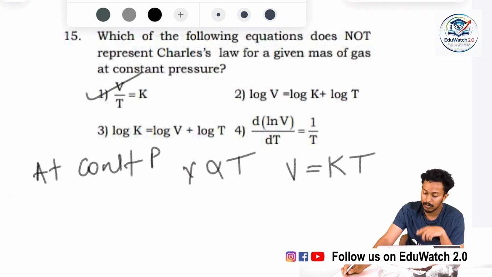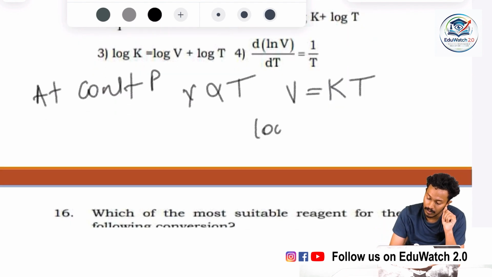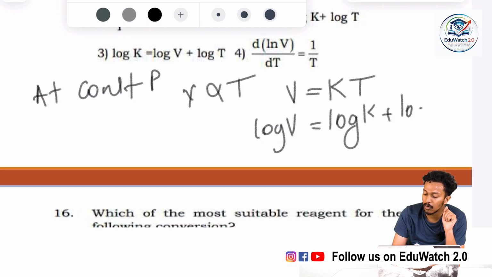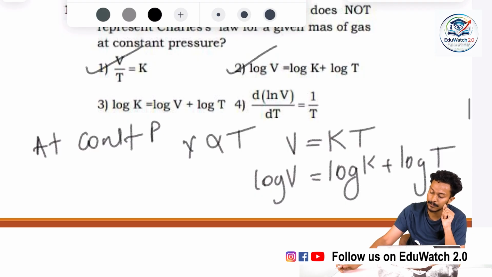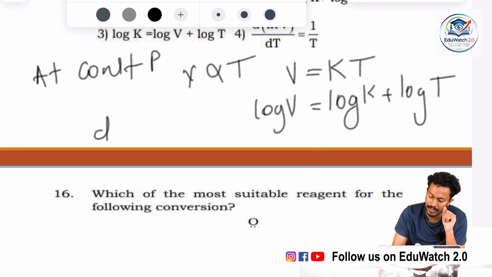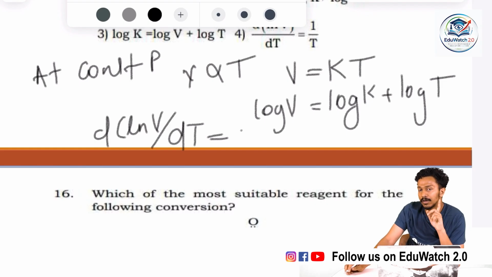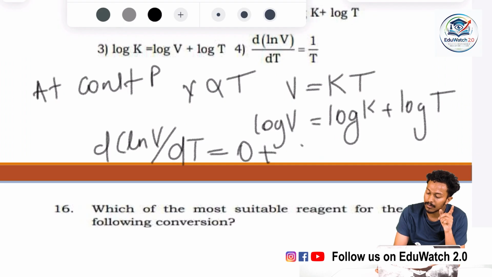The question is which does not give the Charles law. On taking logarithm, log V is equal to log K plus log T, isn't it? So option 2 is also correct. On differentiating with respect to time, we get d ln V by dt, derivative of a constant is 0, plus d by dt of what?